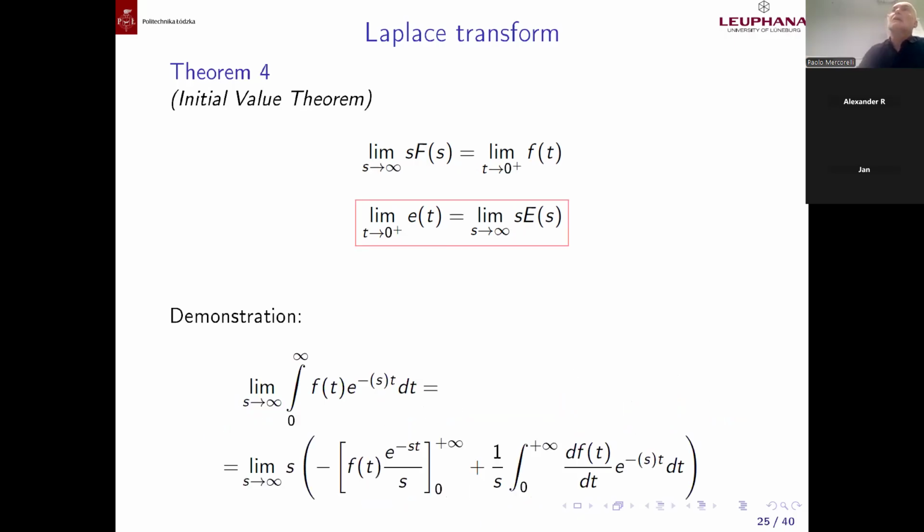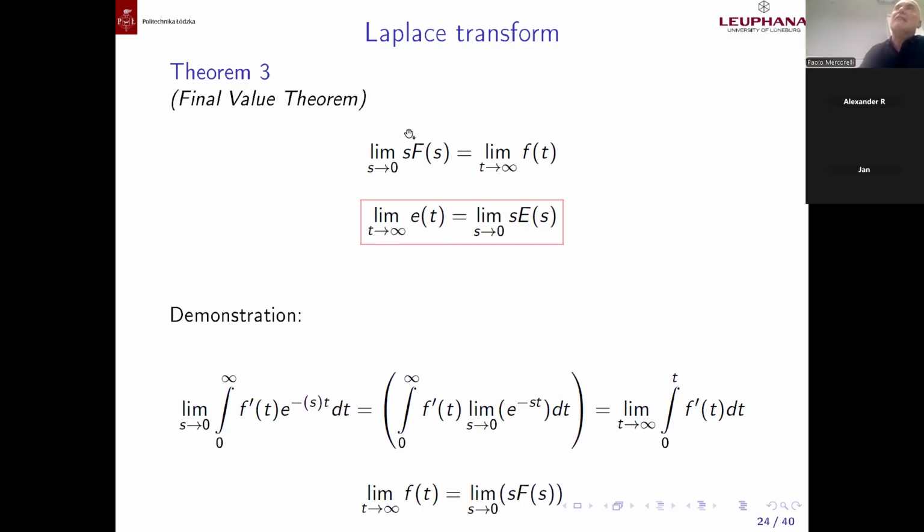Excuse me for that. Theorem number 4 now is the dual theorem. It is also based on theorem number 2. Why that? Look at this. Now I am using the initial value, as we can see here, the name is initial value theorem, here, final value theorem.